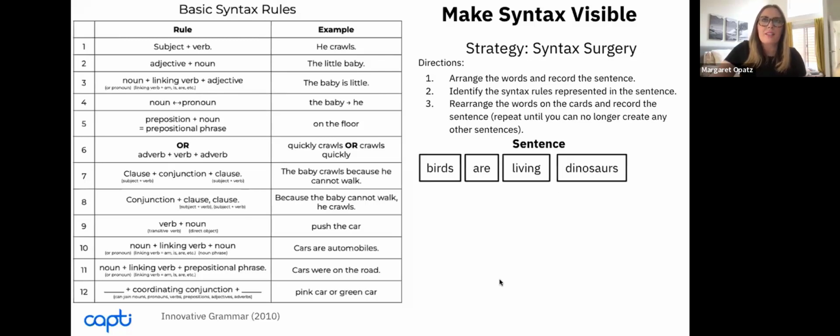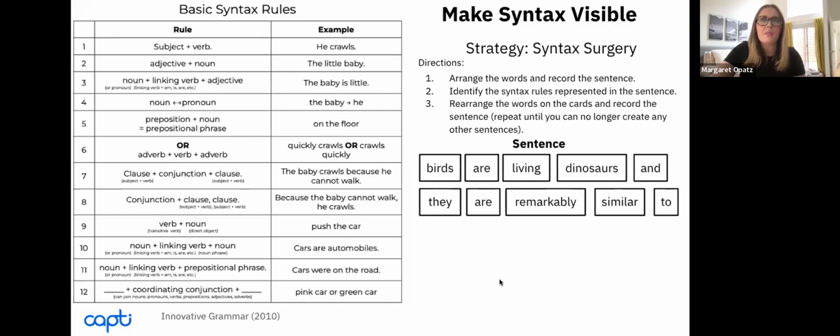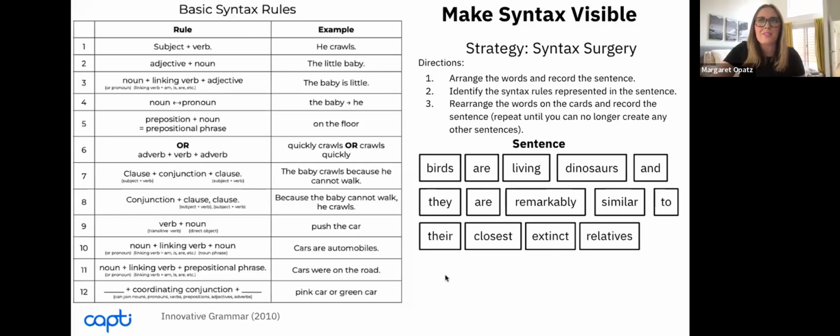So another one that is more complex, birds are living dinosaurs and they are remarkably similar to their closest extinct relatives. Now, this is a lot longer of a sentence. This is the full sentence that I had taken from the text, but then students can still do the same thing where they're actually able to look at the syntax rules and match it to the various parts of the sentence.